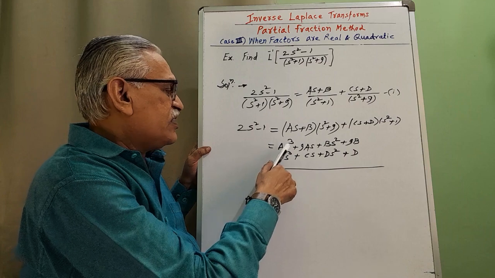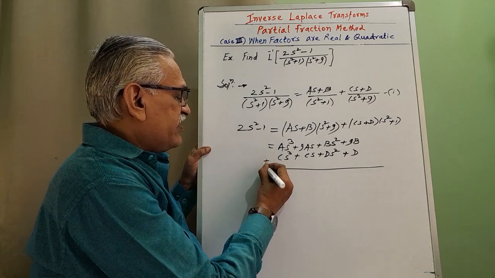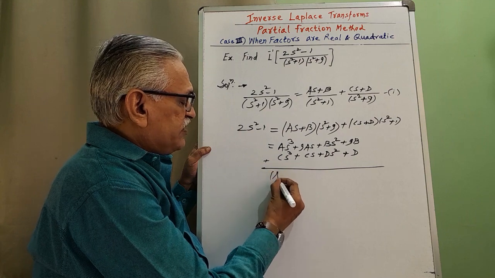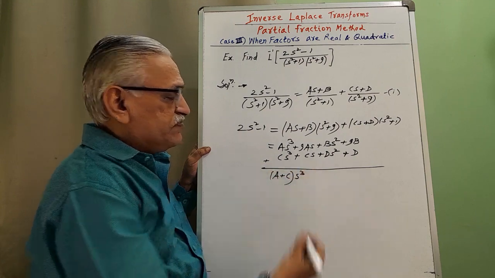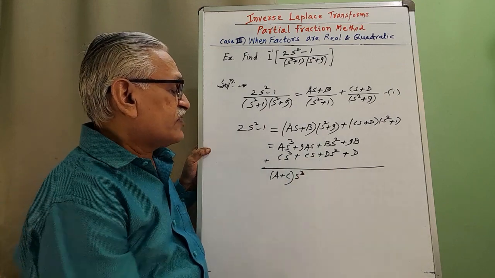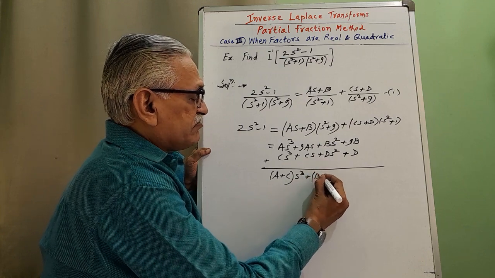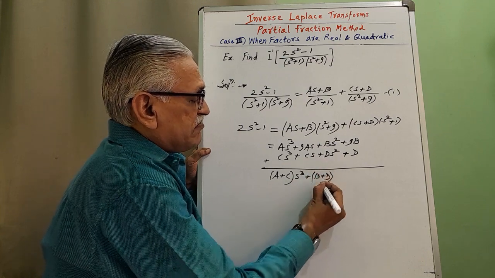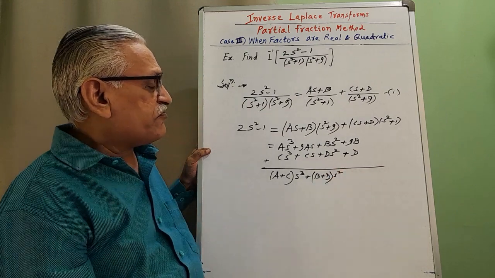Therefore, taking s³ common from these two, adding this, we get (A + C) into s³. Then collecting the terms of s², we get (B + D) into s².